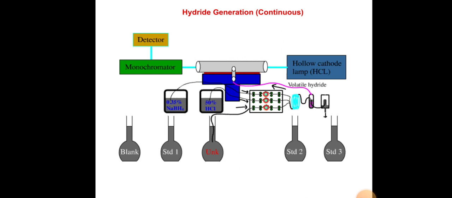So we have here 3 pumps. One pump is pumping HCl solution, one pump is pumping the sodium borohydride solution, and one pump is pumping the sample solution, and then they will be mixed together and enter the absorption tube that is heated on a flame. This is just to make things easier, and for automation of the technique.